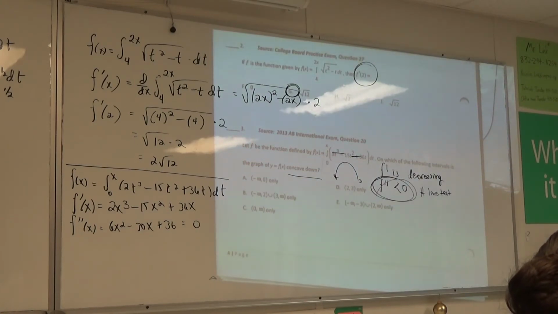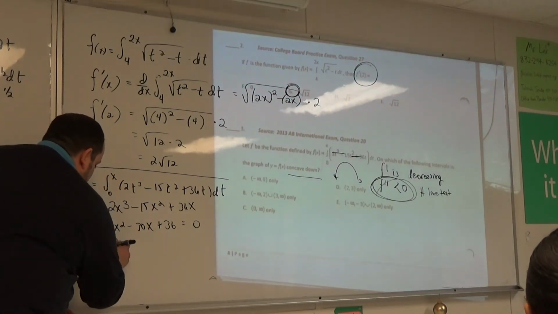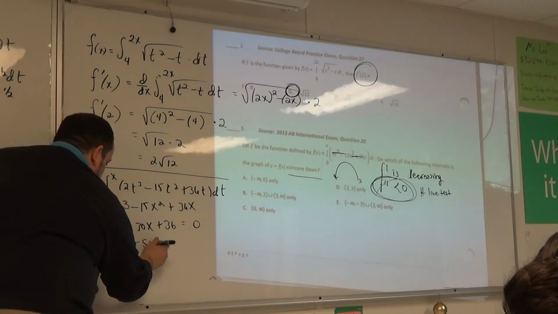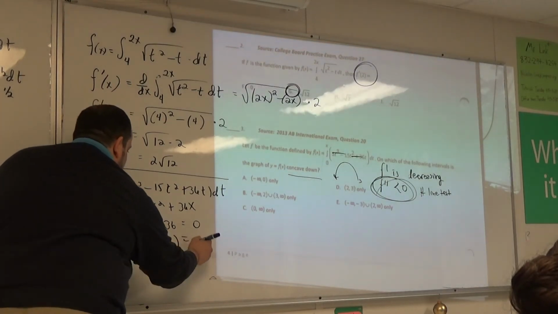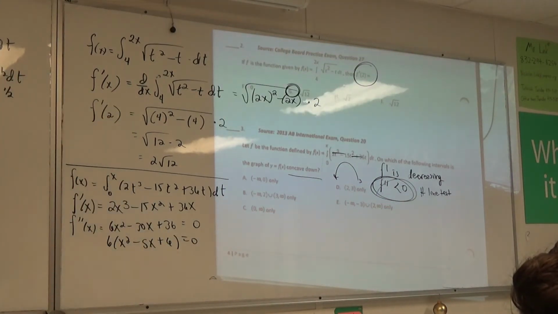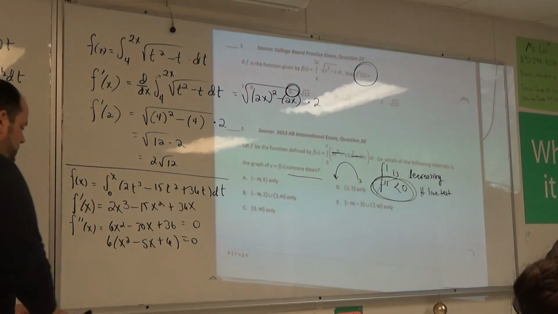I don't know that I'd factor out an x. Maybe I can factor out a 6 to get x squared minus 5x plus 6. Now x squared minus 5x plus 6 needs some factoring. Maybe you do the x box or however you want to approach it.